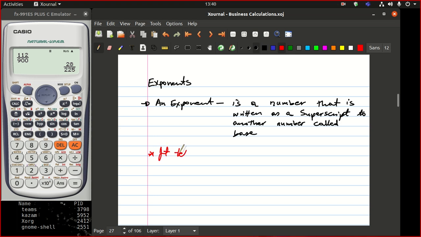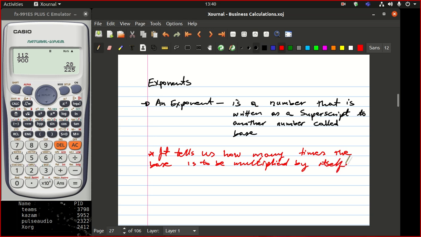It tells us how many times the base is to be multiplied by itself. So that is by definition what we call an exponent.